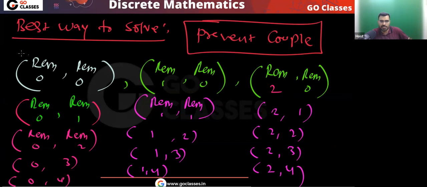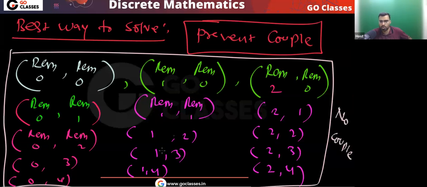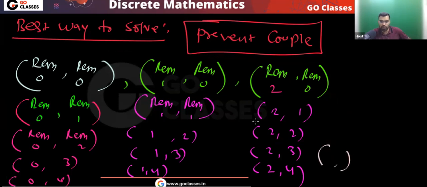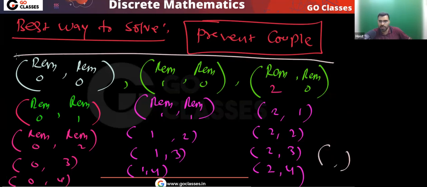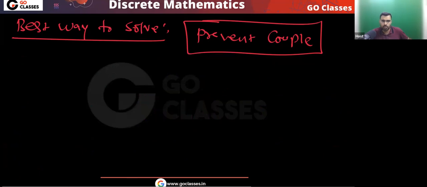So far there is no couple, but if I add one more, now definitely there will be a couple. So the answer will be total 16. If you have 16 ordered pairs, then definitely you will get a couple.